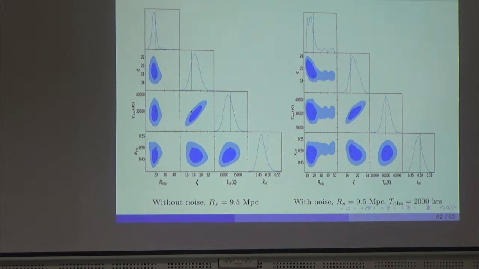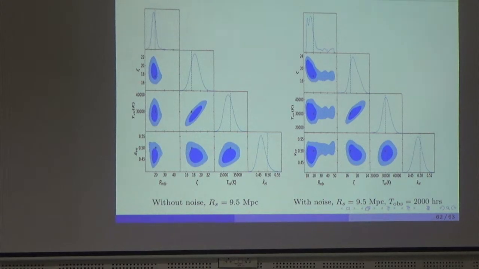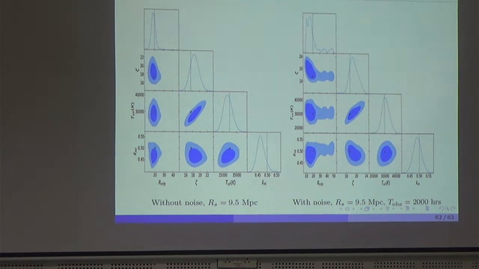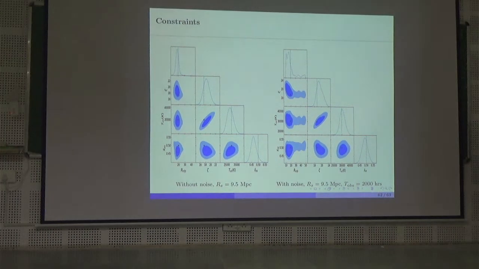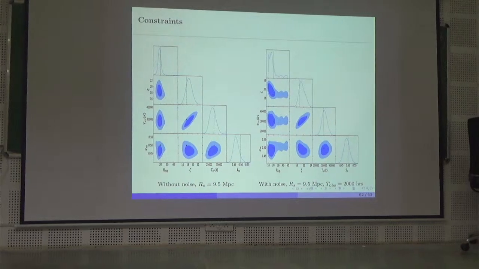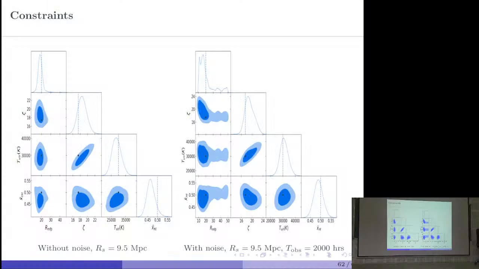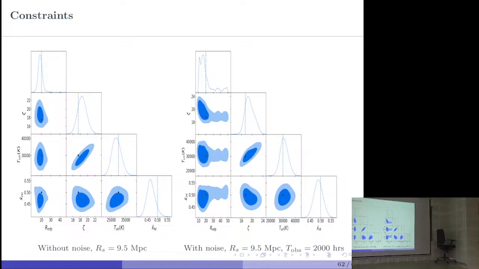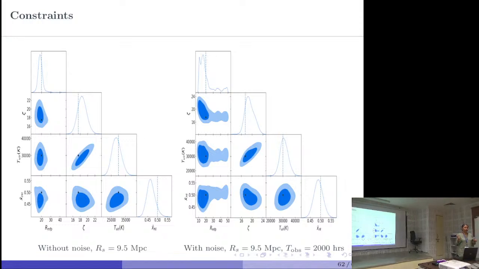Okay, so I think this is my last slide for this one. What I have done now is give you an idea of how we use morphological statistics to constrain parameters. We have applied it to this, but this method can be applied elsewhere. For CMB it is not very competitive because the power spectrum is much better.